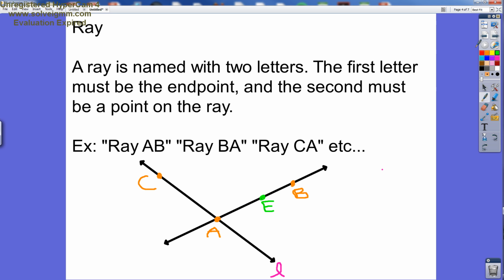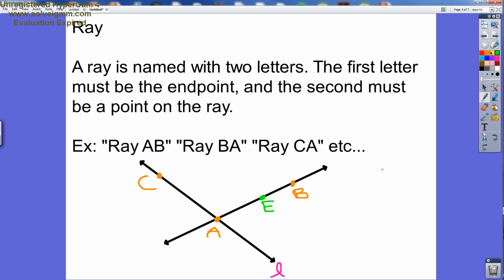When we are naming these things, you'll notice this is the same diagram we've had a lot. Low production budget. We're going to use two letters. So if I'm talking about a given ray, I start by identifying its endpoint, and then I continue by saying, well, it is in this direction.